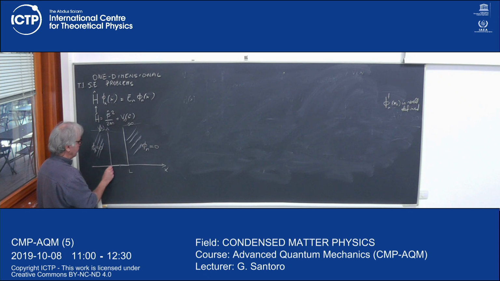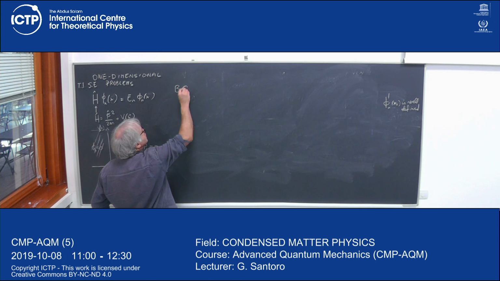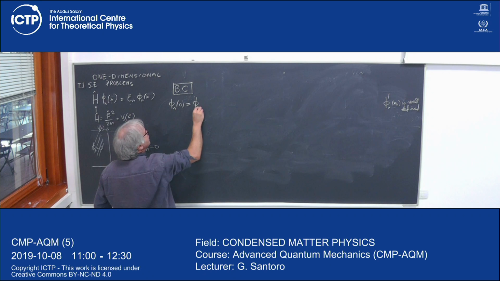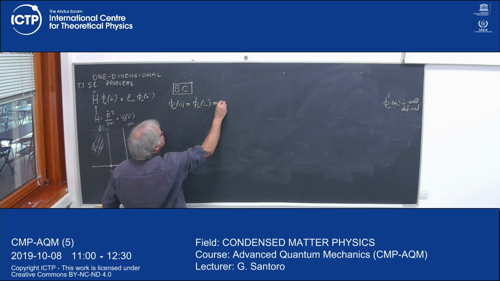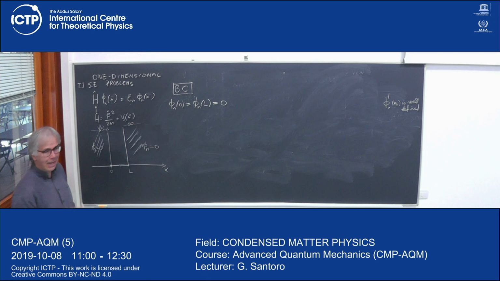And therefore, by continuity, the wave function is 0 here and 0 here. So the boundary conditions which I have to use now are phi n of 0 equal to phi n of L equal to 0, not just equal, so they are equal and vanishing. Is it clear?